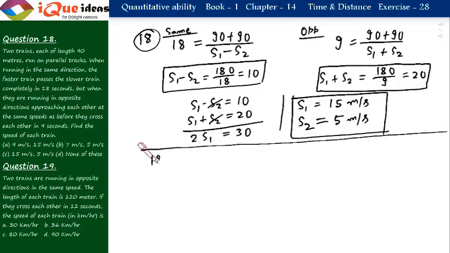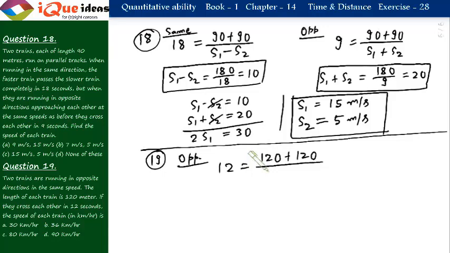Now let's take question number 19. It says two trains are running in opposite directions at the same speed. If the length of each train is 120 meter and they cross each other in 12 seconds. So straight away, since they're running in opposite directions, the time is equal to L1 plus L2, so let's say 120 plus 120 divided by, speeds will be added.